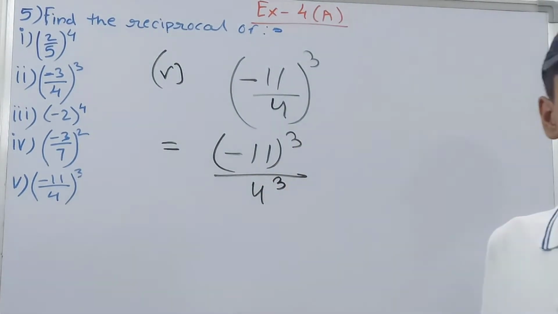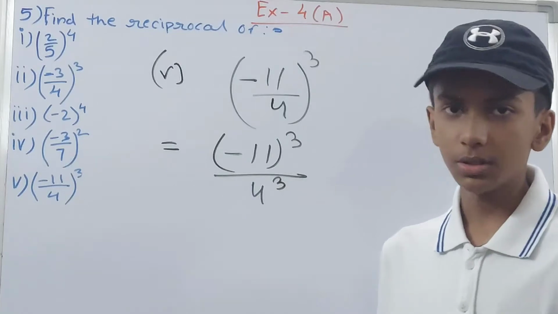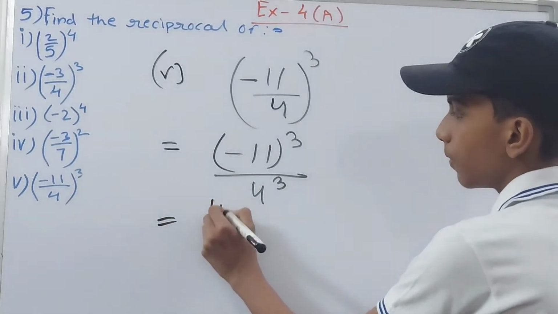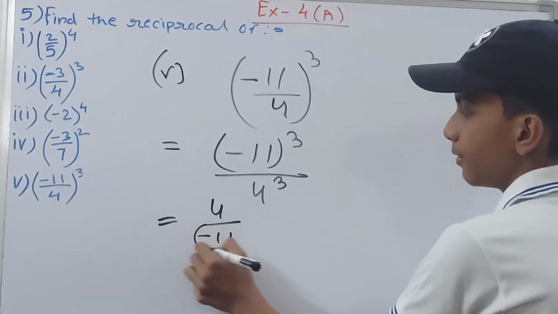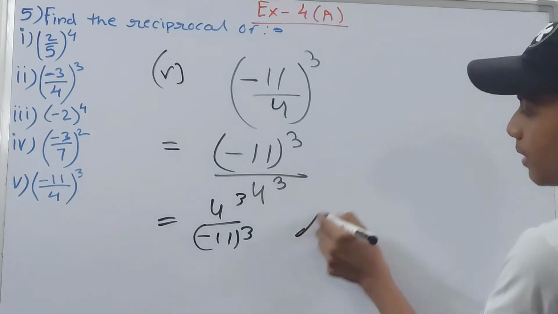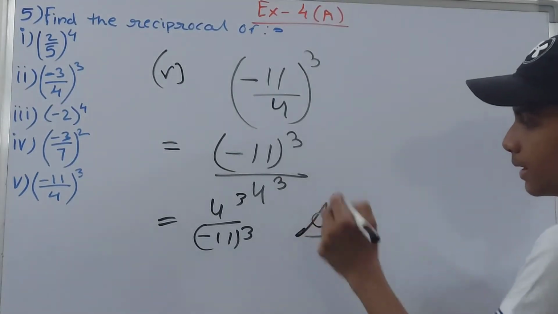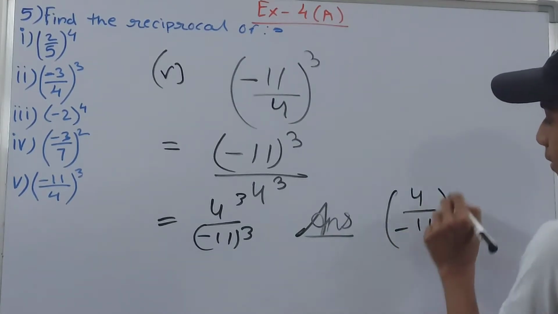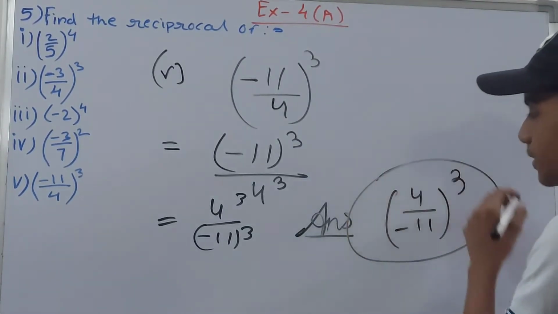Basically we have distributed the powers, and now we'll interchange. So we'll have 4 upon minus 11 to the power 3, and 4 to the power 3. We will write it with just one bracket, and we'll get here 4 upon minus 11, to the power 3. So this is our answer.